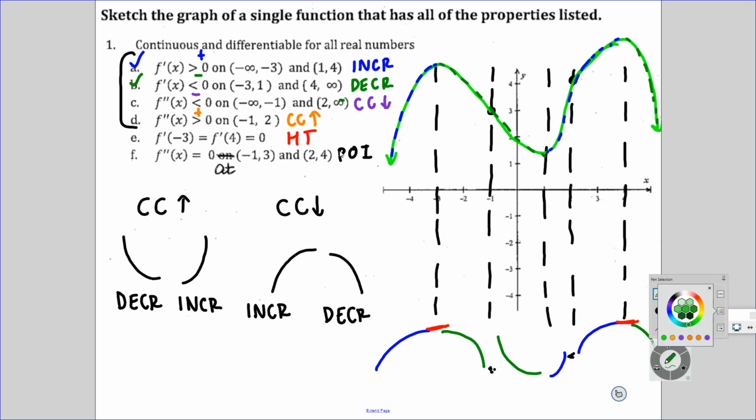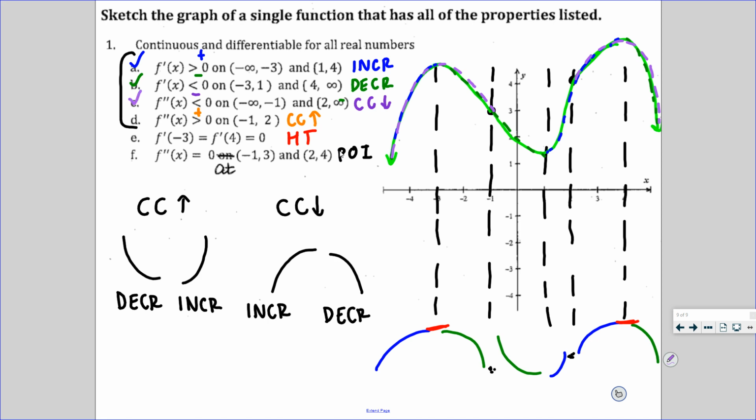Am I concave up? Oh, concave down, sorry. Concave down is my next one. Am I concave down from -infinity all the way to -1 and also from 2 to infinity?